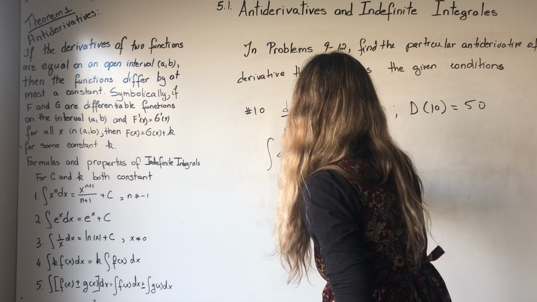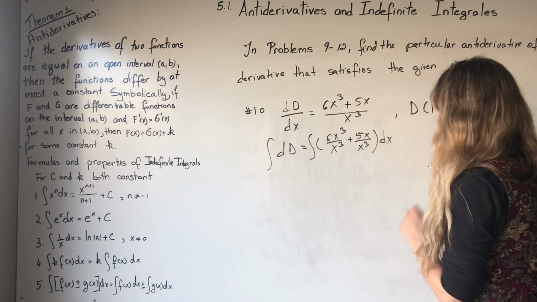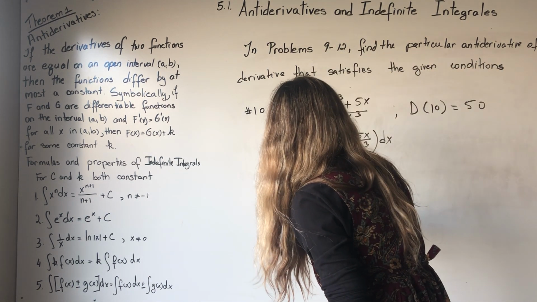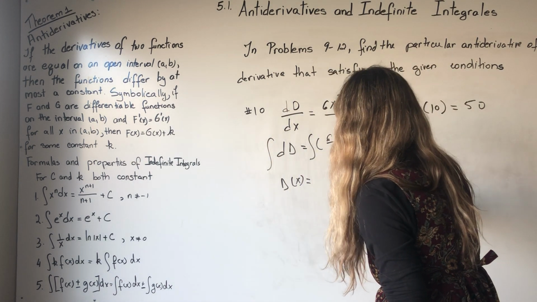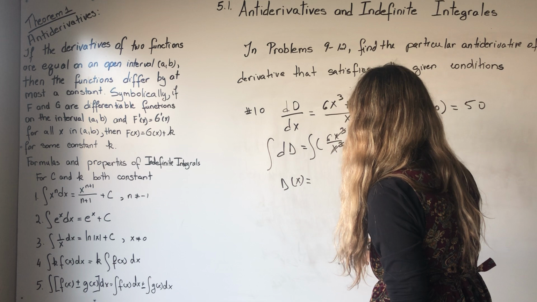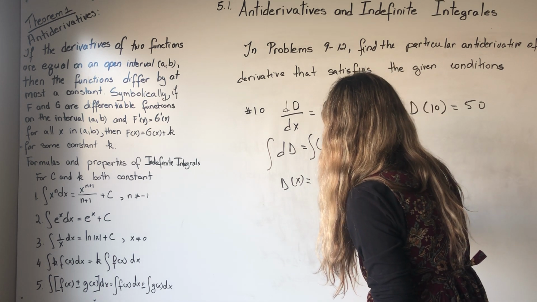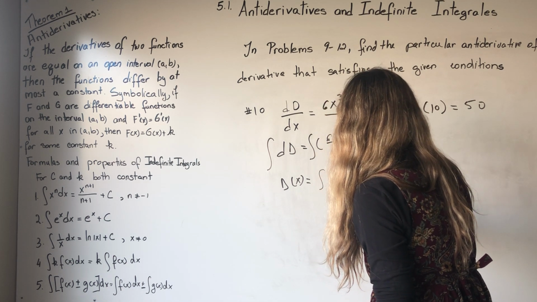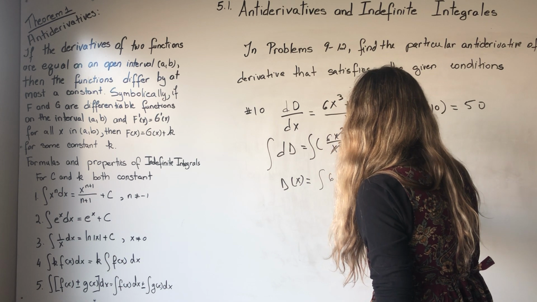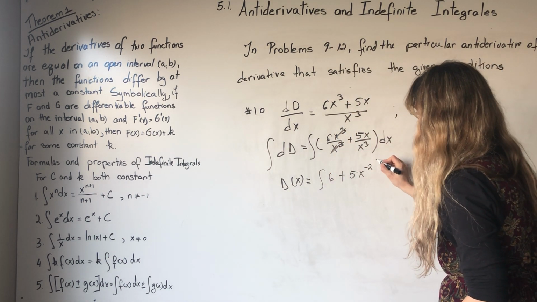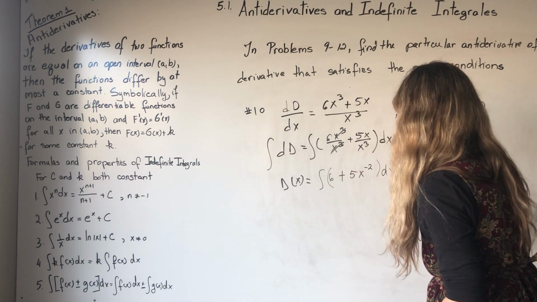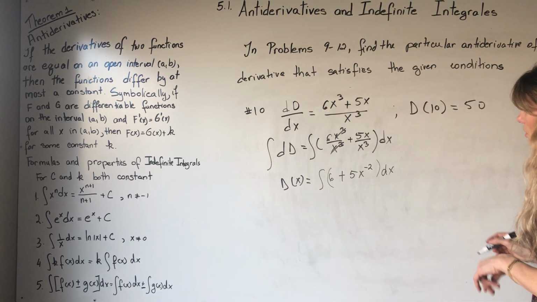Now I'm taking the integral of both sides. And from here I will have D of x equal to, this can simplify, right? So it will be the integral of 6 plus 5x to the negative 2, because it's negative 3 plus 1, negative 2, and this is a function of x.